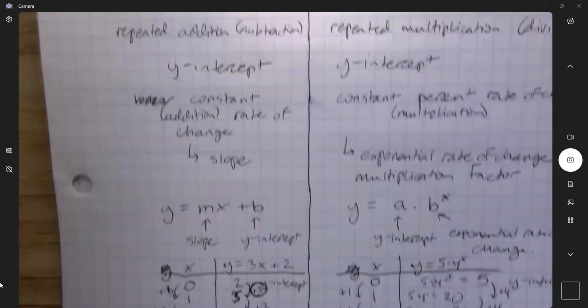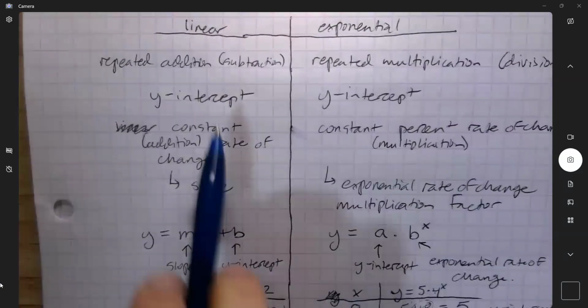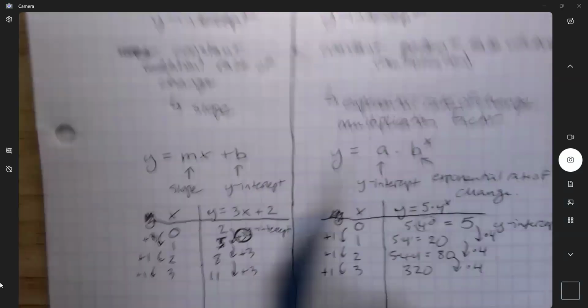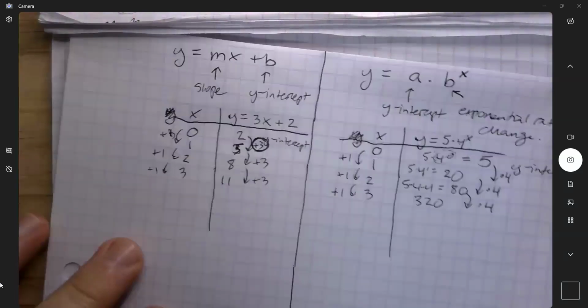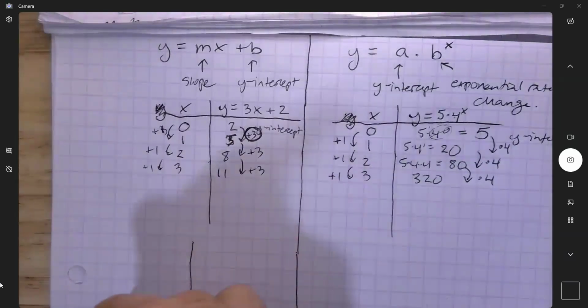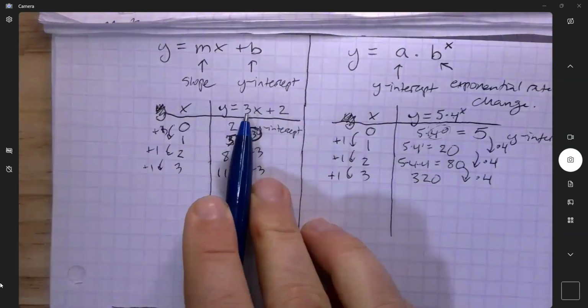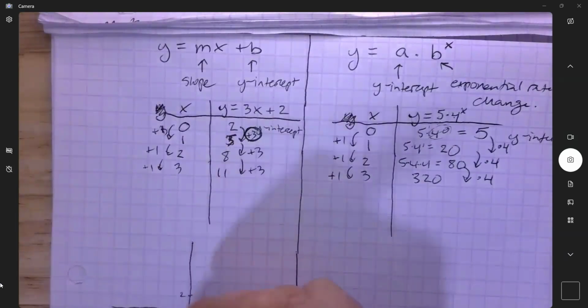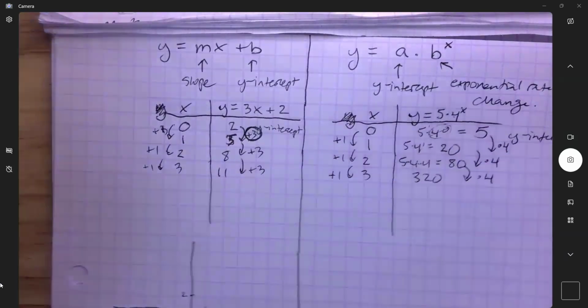All right, so we've talked about some verbal ideas. I showed you the symbolic in the table. Now I'll show you what the functions look like on a graph. Let's start with our linear function. I can go ahead and pick this one, y equals 3x plus 2, but I'm going to change my scale just a little bit so I can fit it all.